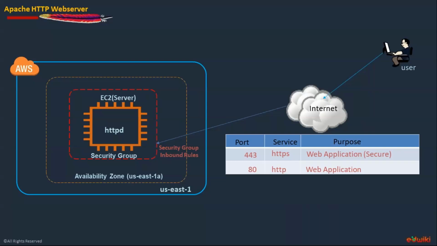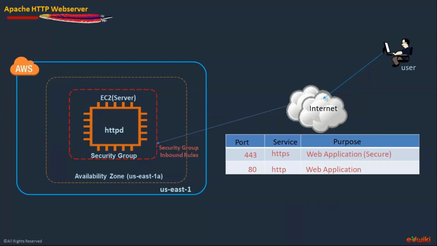When any request comes to a specific port number, as we already know, there must be some service up and running on the EC2 server that is responsible for that port number.